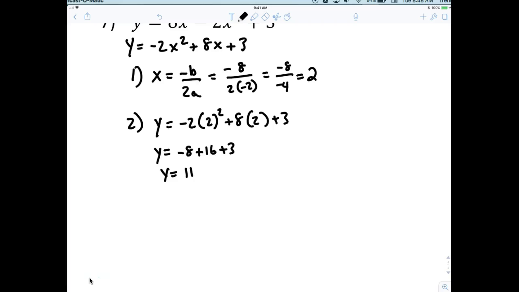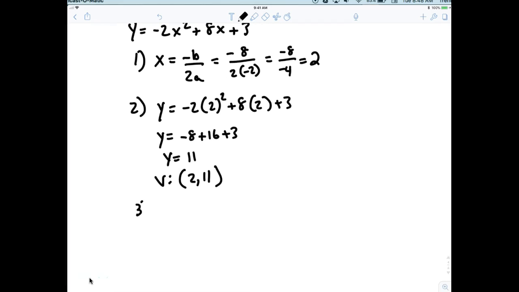So the vertex is what? 2, 11. So the vertex is 2, 11. And then the y-intercept, 0, 3. Not hard. All right, not hard at all.